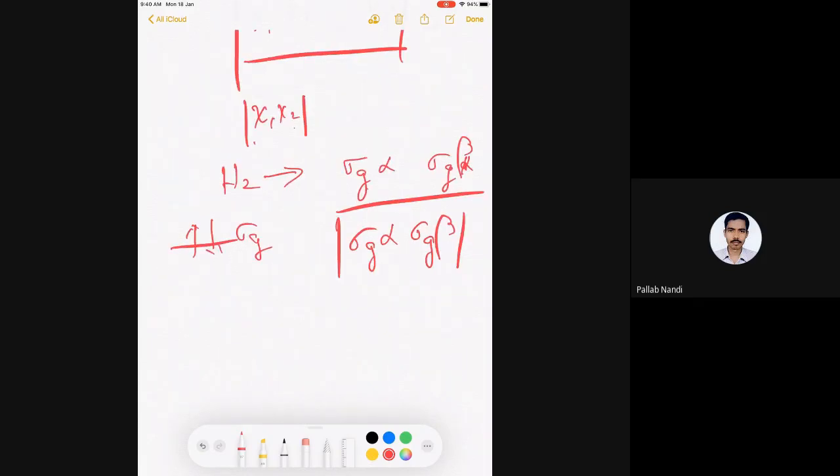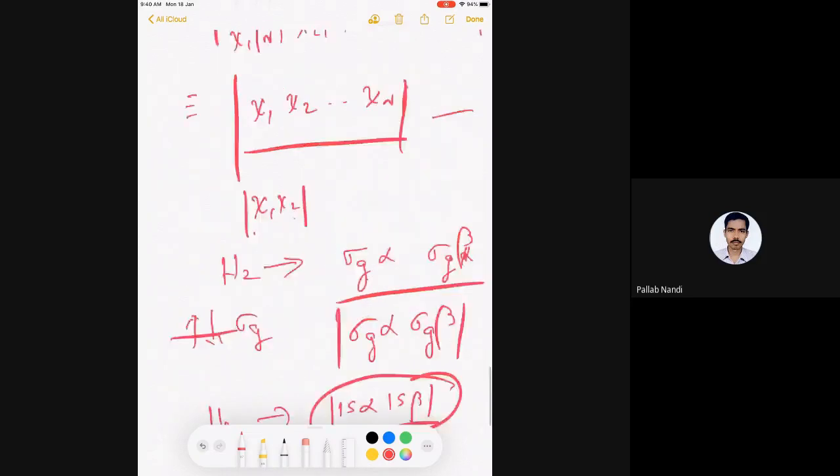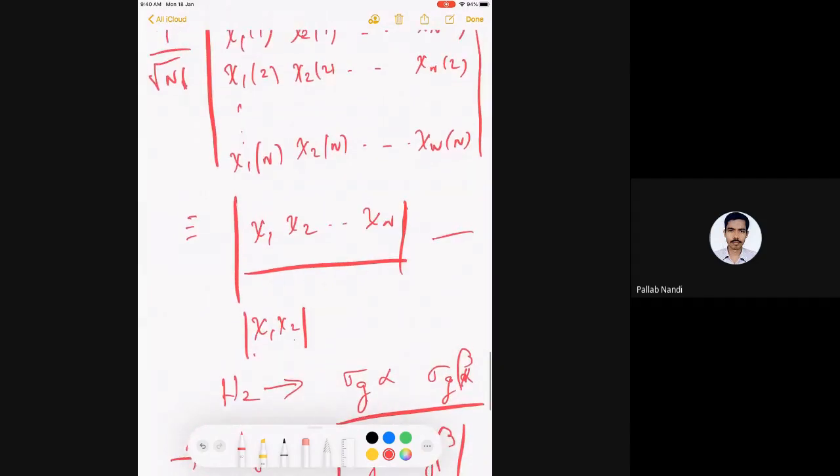All right. If I write another orbital, that means I've excited the hydrogen molecule. So for helium atom, for example, ground state, I can write 1s alpha, 1s beta. So these are very simple ways of writing and abbreviating what we are trying to do.